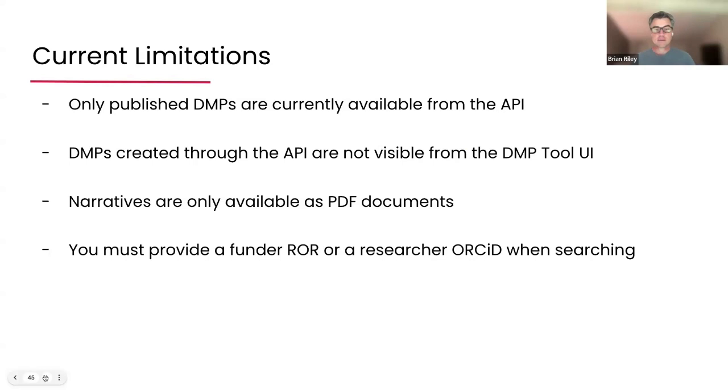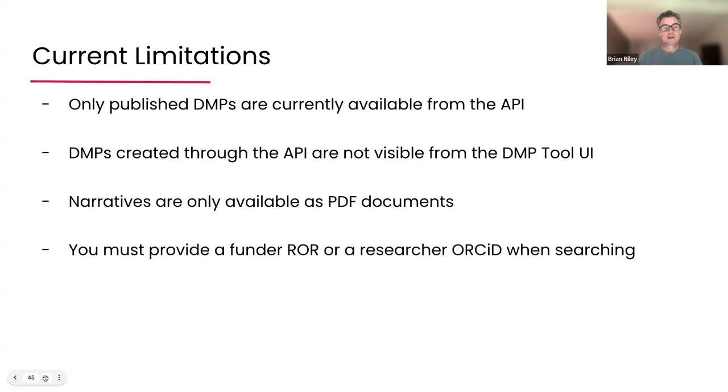Some current limitations, and these were found by our pilot project partners, as noted before. You can only access published DMPs, so ones that have DMP IDs, via the API currently. DMPs that are created through the API aren't visible in the UI. And then narratives are also only available as PDF documents.